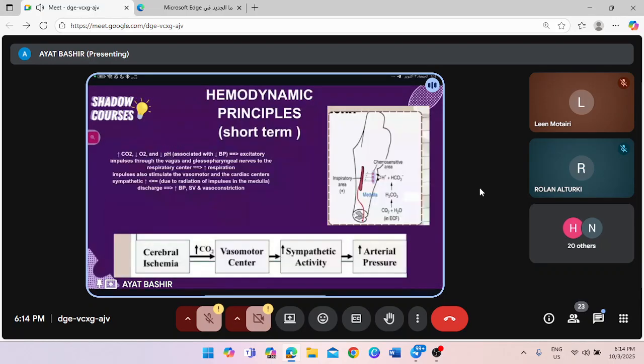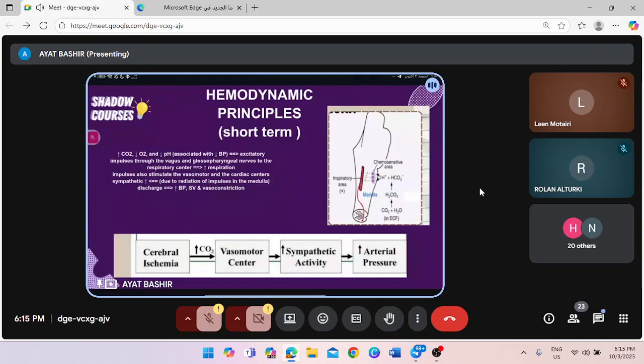Moving to the next slide, we have the next short-term mechanism: the chemoreceptor. The chemoreceptor relates to the gases: hydrogen ions, bicarbonate, CO2, and the oxygen level. Why is it related to blood pressure? When there is an increase in CO2 or a decrease in O2, this will lead to a decrease in the pH.